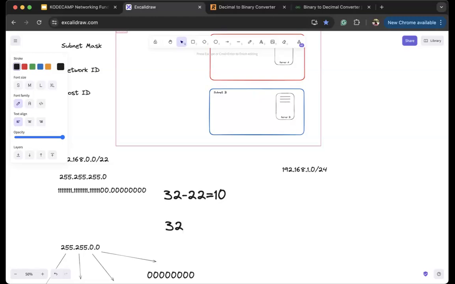So if I do 32 bits minus my CIDR suffix here, it's 24, I'll get the number for my hosts, right?